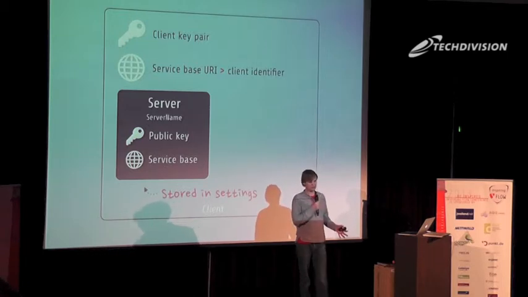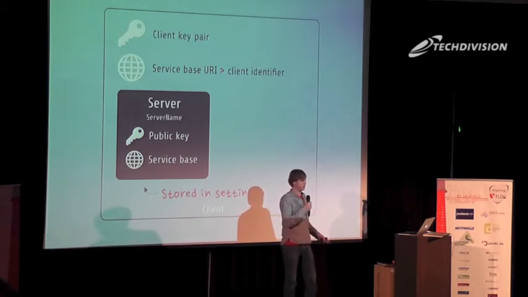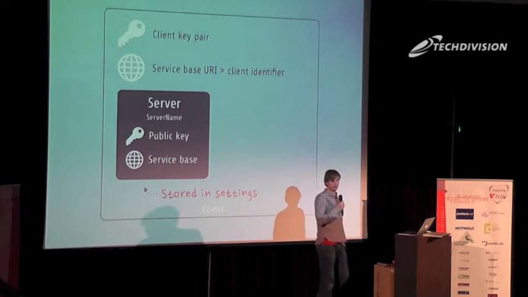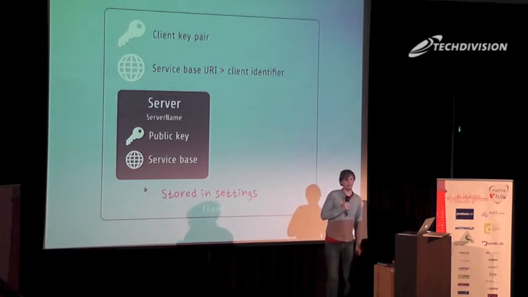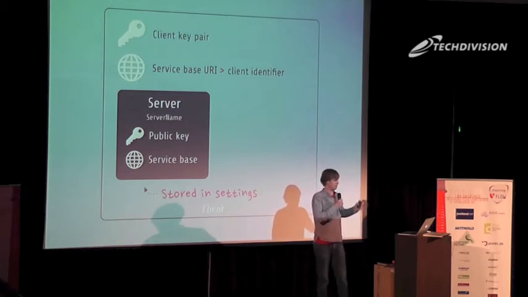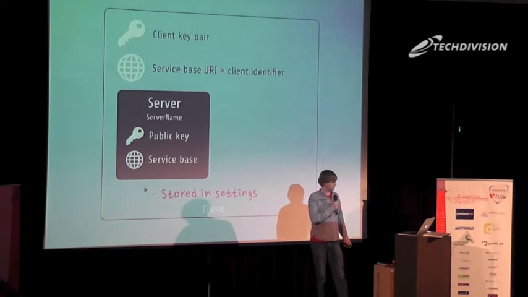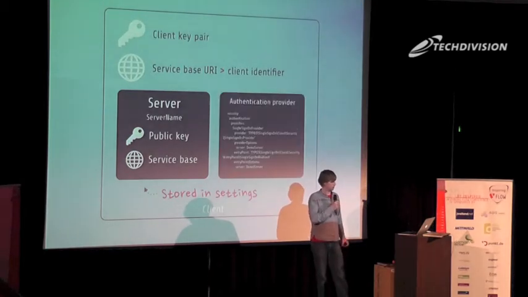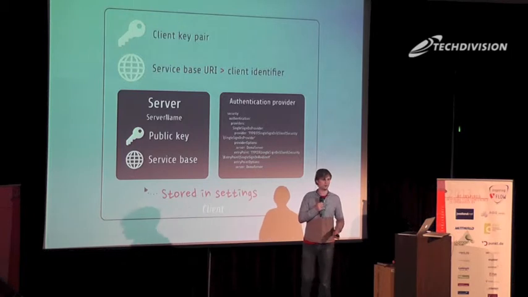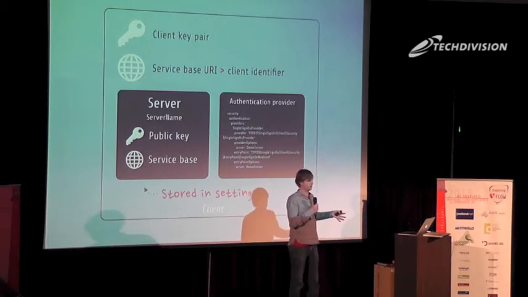So these are stored in settings, because on the client we wouldn't depend that the client has a database at all, because it could be any Flow app. Think about multi-persistence if you use CouchDB, or no persistence at all. So that comes from the settings, and you have some additional configuration for using this single sign-on provider.